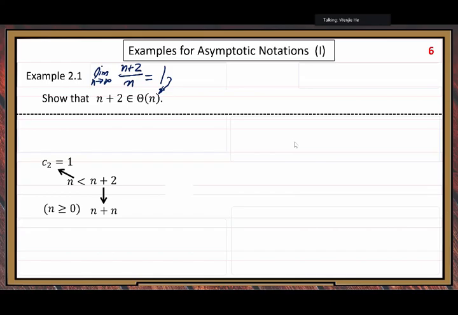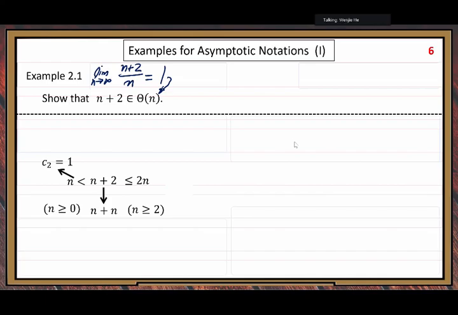So n plus n is greater than n plus 2, and it is true when n is greater or equal to 2, because we have freedom to choose n0. This 2 is the n0 we choose. When n is greater or equal to 2 and we replace 2 by n, the resulting function is larger. So we get an upper bound of 2n under the range n greater or equal to 2.